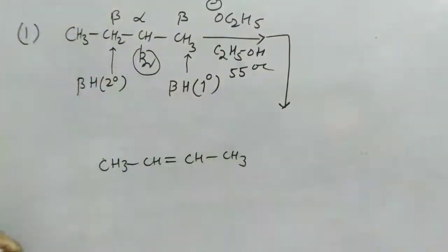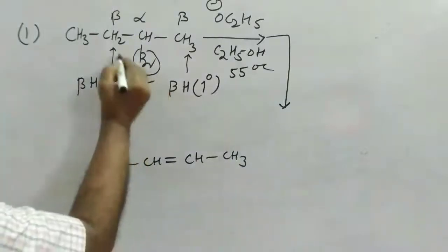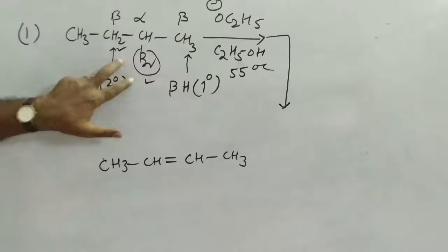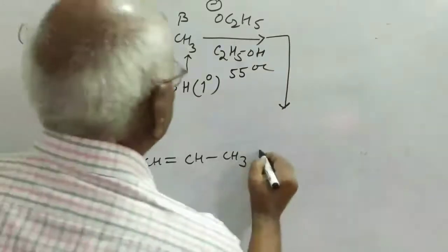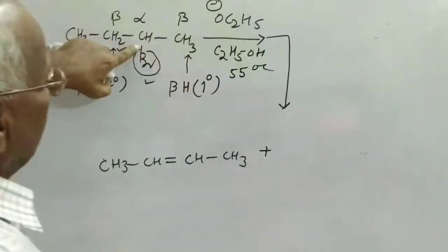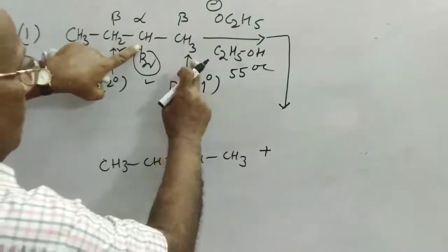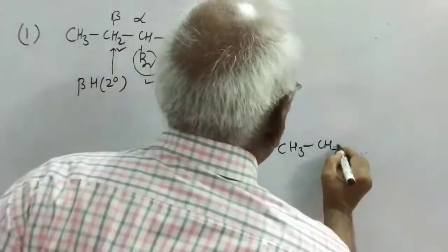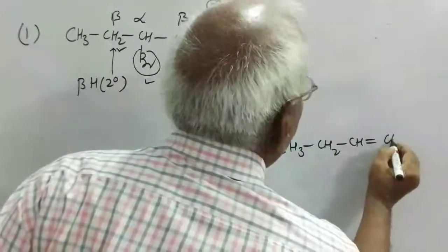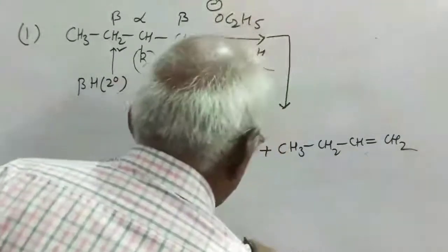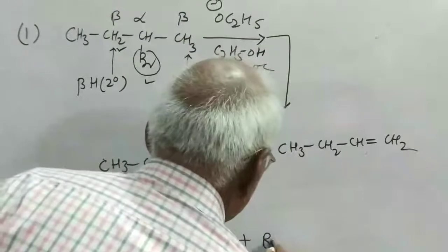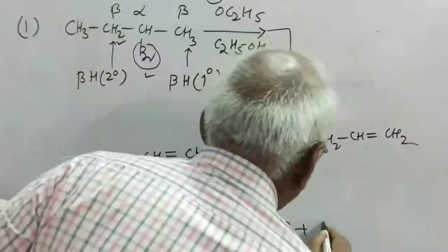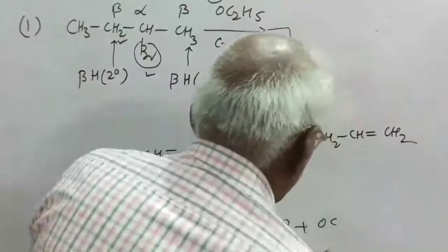This is one product, when this bromine and this hydrogen are involved in dehydrohalogenation. In second case, when this halogen and this beta hydrogen are involved, then we get this product. Simultaneously bromide ion is liberated and the base abstracts the proton, so it is ethyl alcohol.